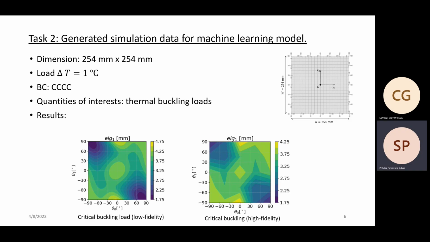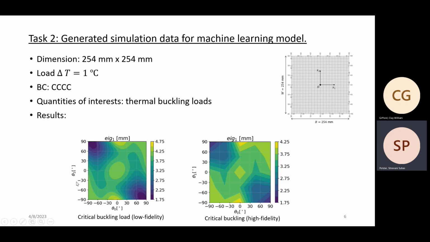Then we pick a structural example here to help us generate this design data. So here we have a one layer panel with all its edges fixed. We applied a thermal load of 1 degree Celsius, and then we tried to find the critical thermal buckling loads.